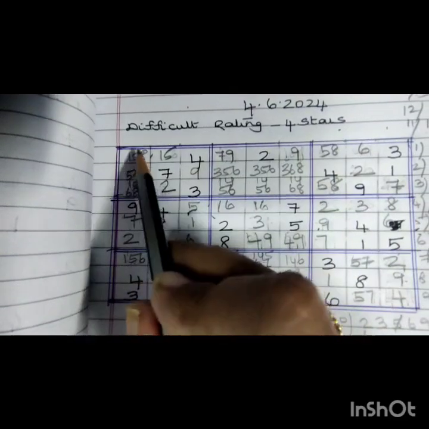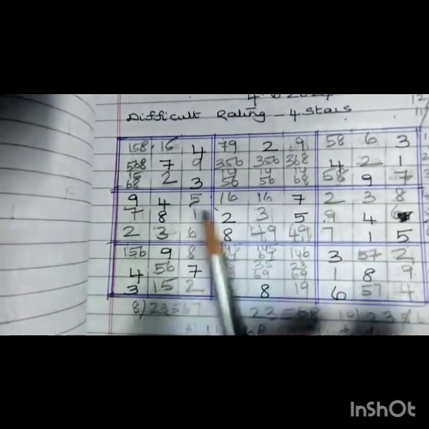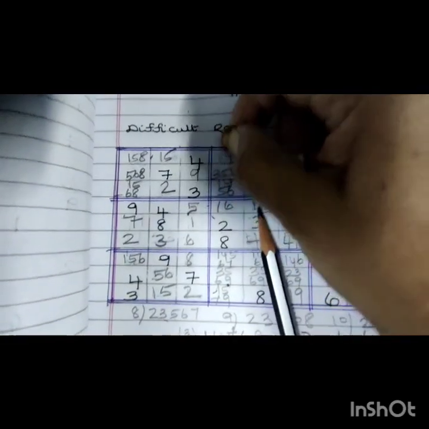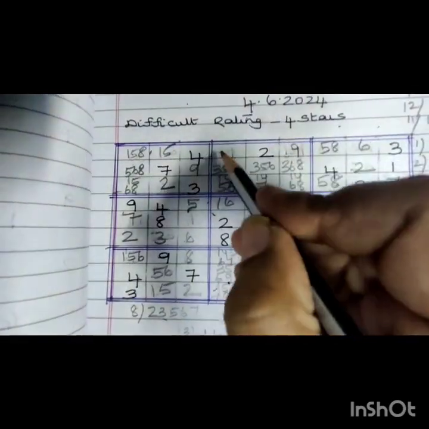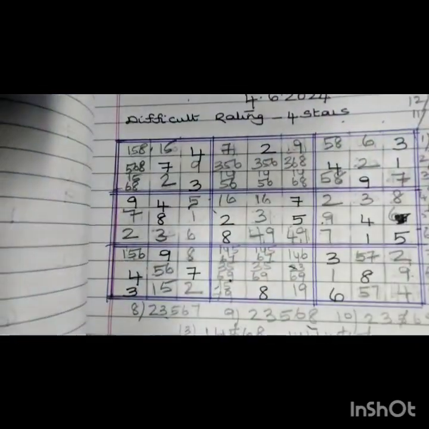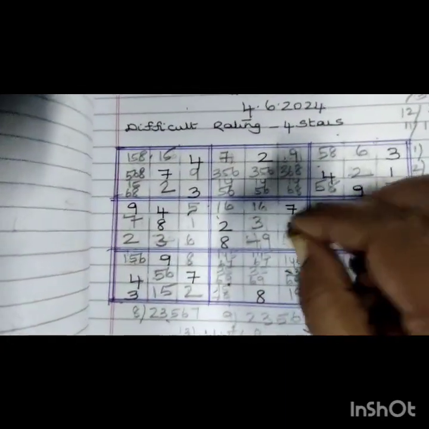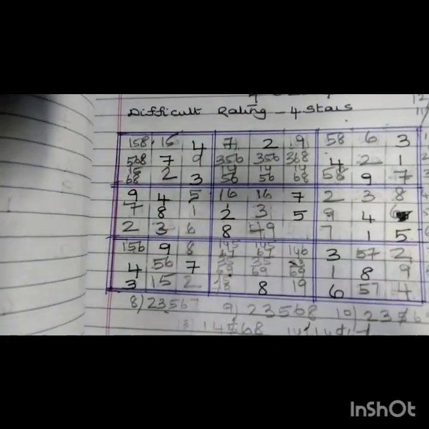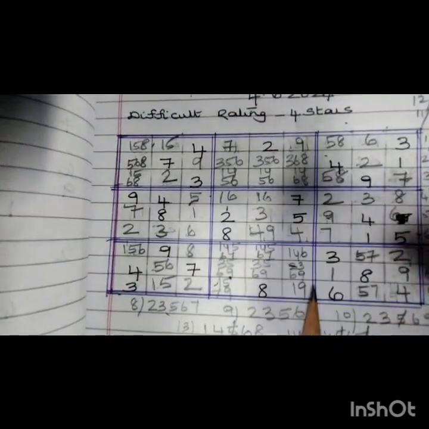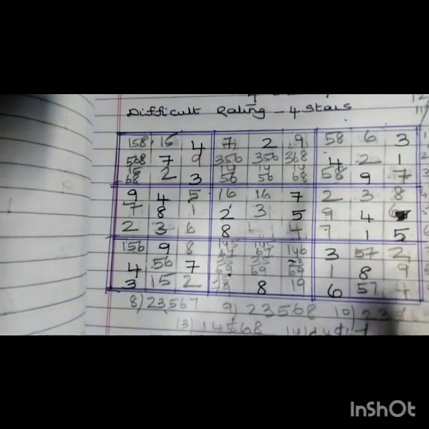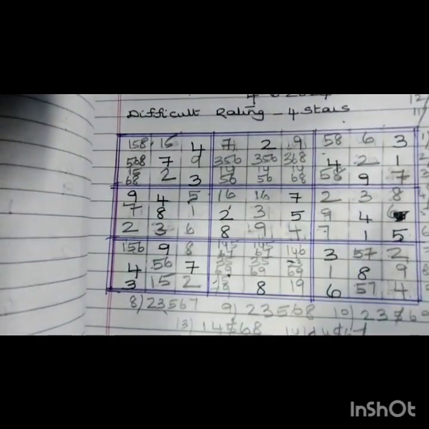1 8 is there in this triplet, so 1 8 cannot come in any of the cells, so this becomes 7. If this is 9, this becomes 7. So if that is 9, this will be 4. If that is 4, this will become 9.